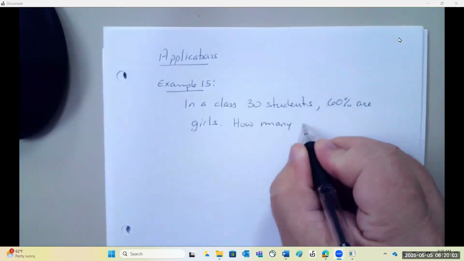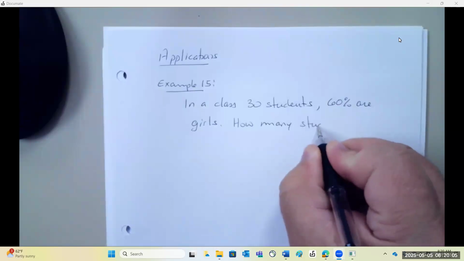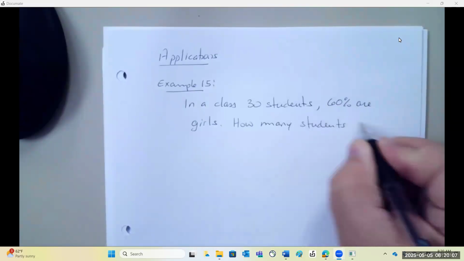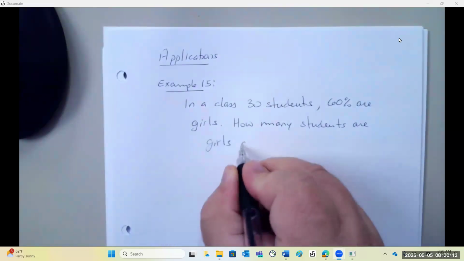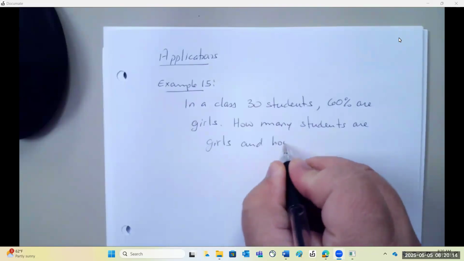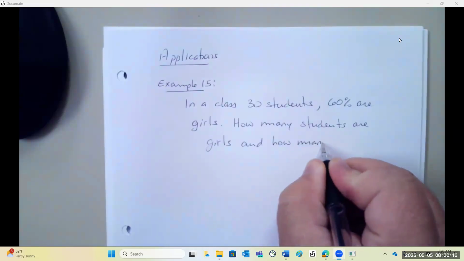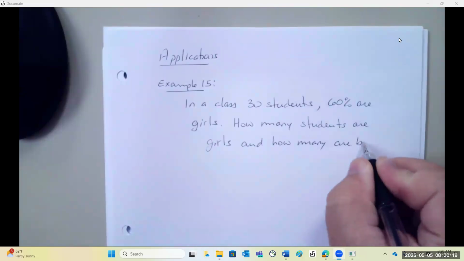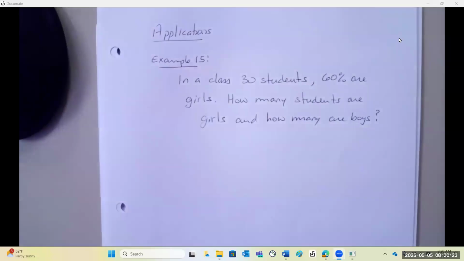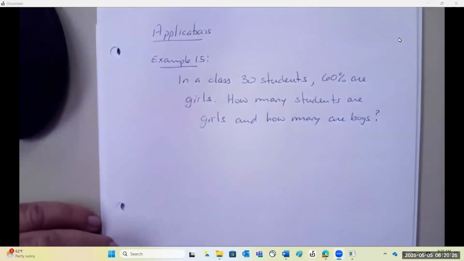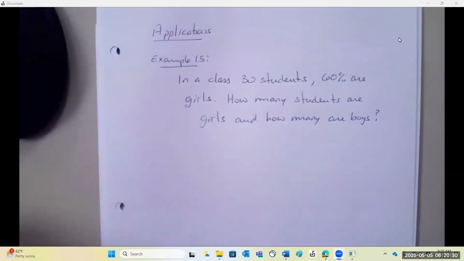How many students are girls and how many are boys? So this is a word problem. We have to take the words and put it into a math equation.